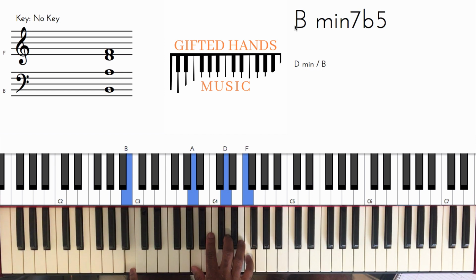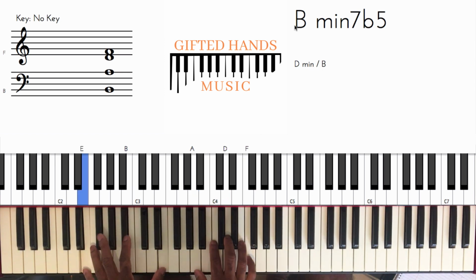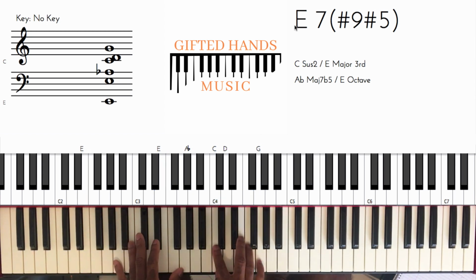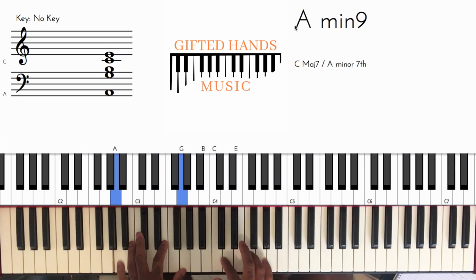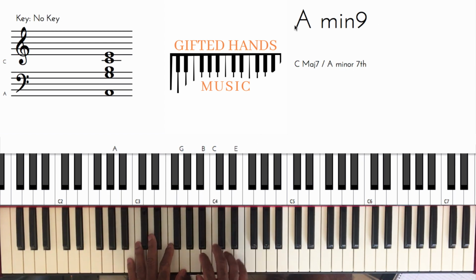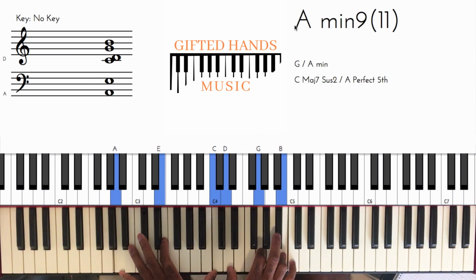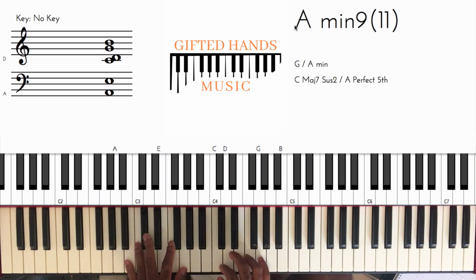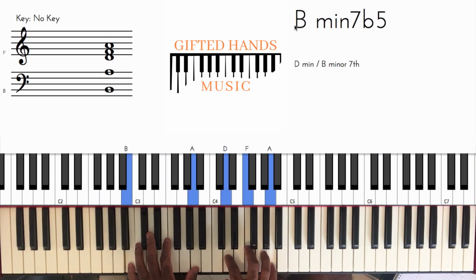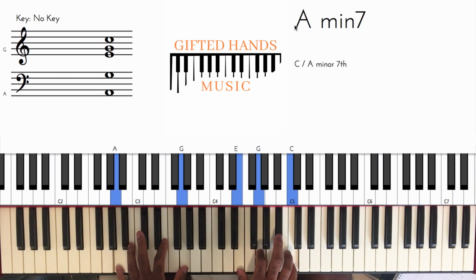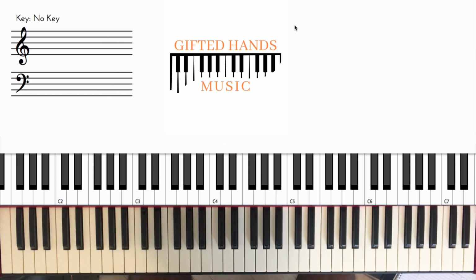So half diminished to E, and E can be altered, your 5 can be altered, going into the A minor. Or simpler. So that's a 2-5-1 as a passing chord.